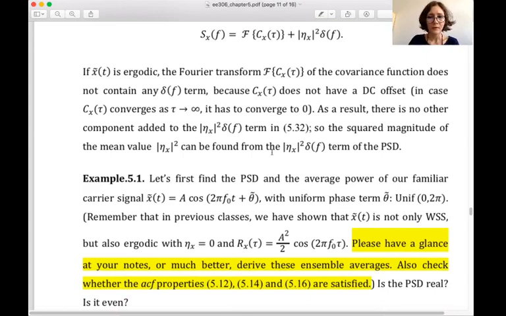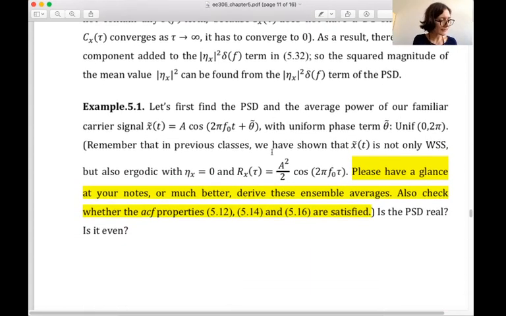Now, let's look at a couple of examples. In this first example, we have a random process: a cosine function with a given deterministic frequency plus some phase. What is random in this process is only the phase term. The phase is uniformly distributed between 0 and 2 pi. We have solved this example before.